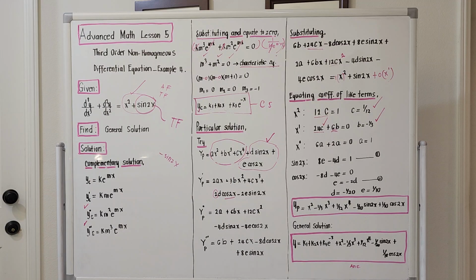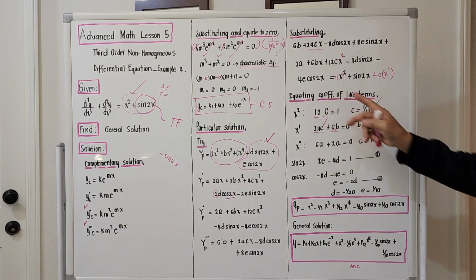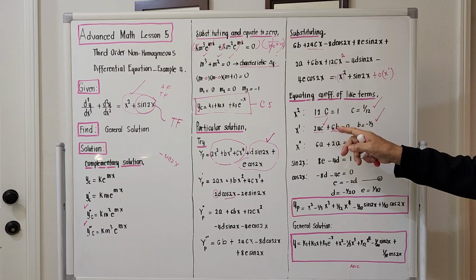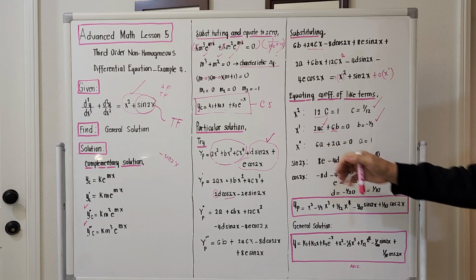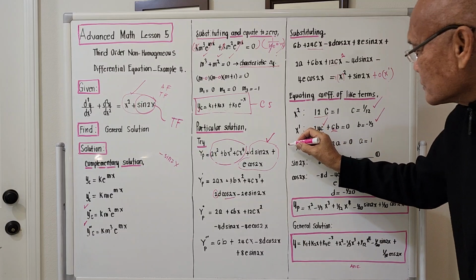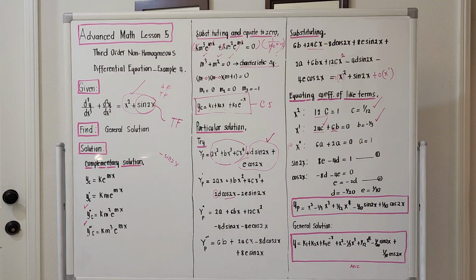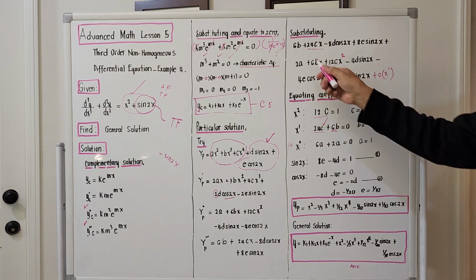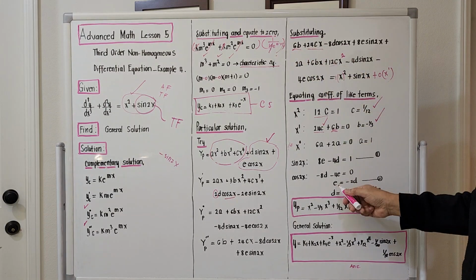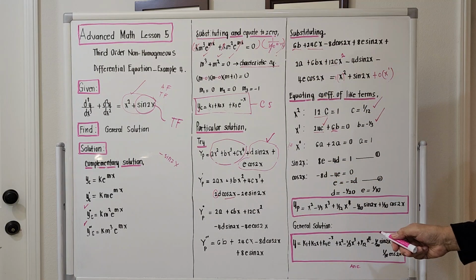Okay? We'll go for the term x to the 0. All the terms with the component x to the 0, or just the pure constant. The pure constant term on the left is 6b. Is it 6b?